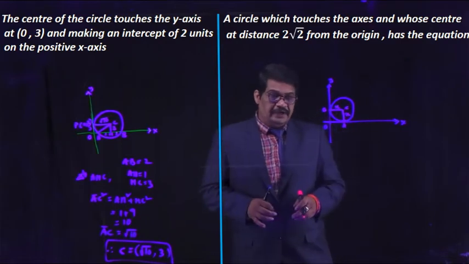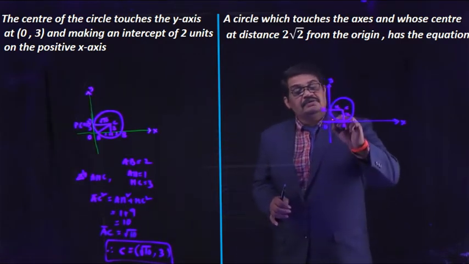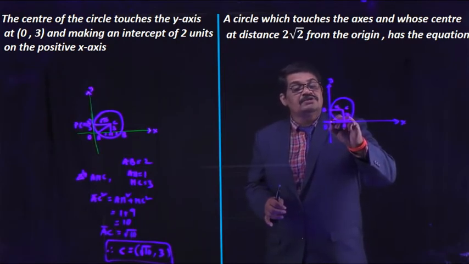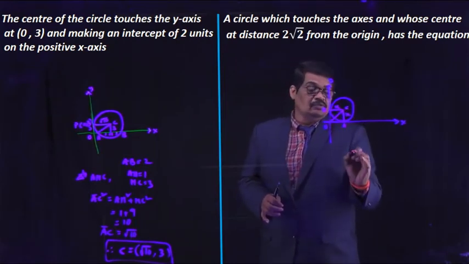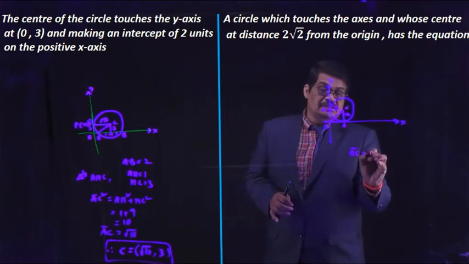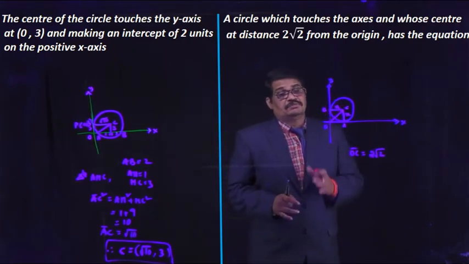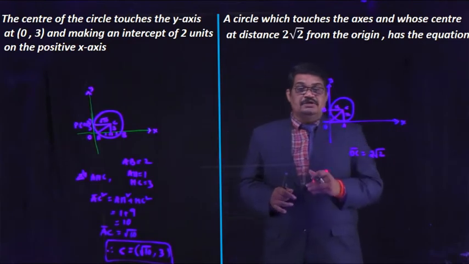Both are the radius. Here it is given that the distance from the origin to the center, OC, is 2 root 2.